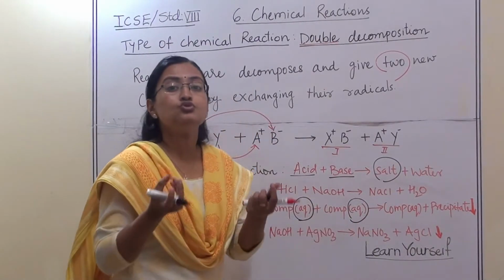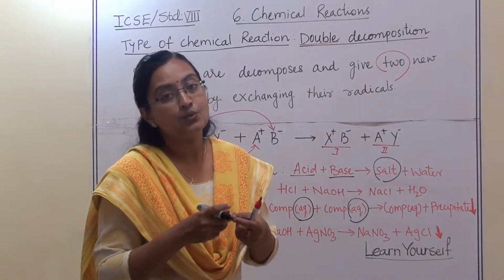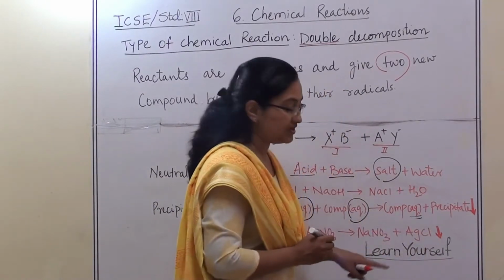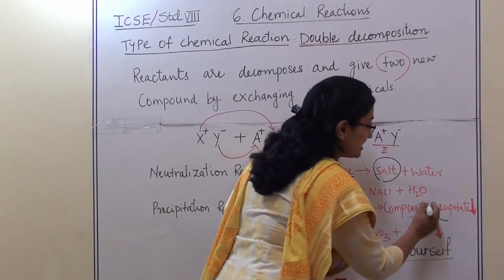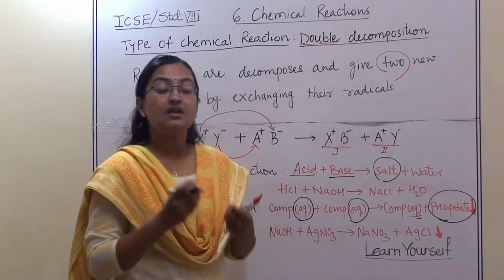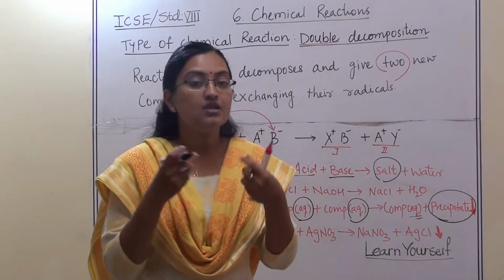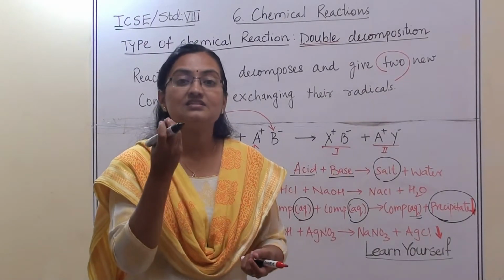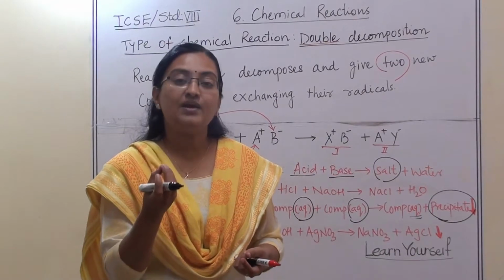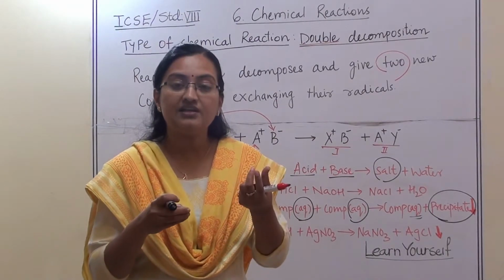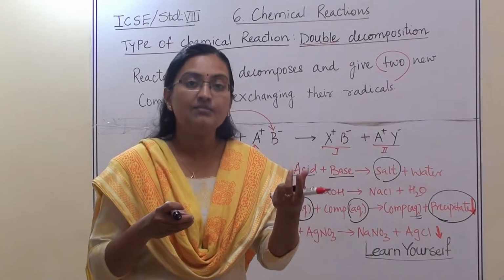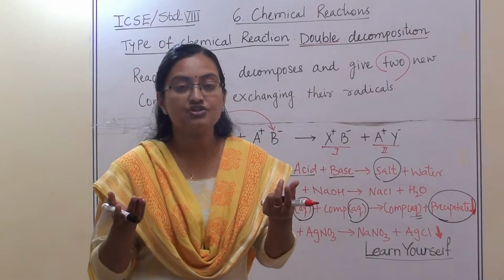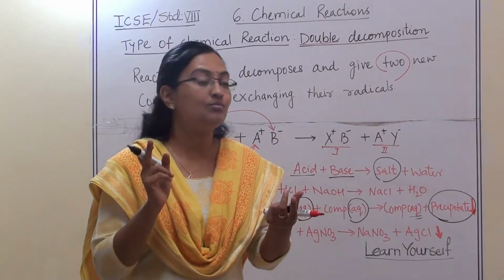That means we mix two solutions with each other and get one compound in aqueous medium and another compound as a precipitate. That means when you mix two aqueous compounds, you will get some solid compound. When you filter it, one solid compound will come as a residue, and in whatever solution is left, the other compound will be there.